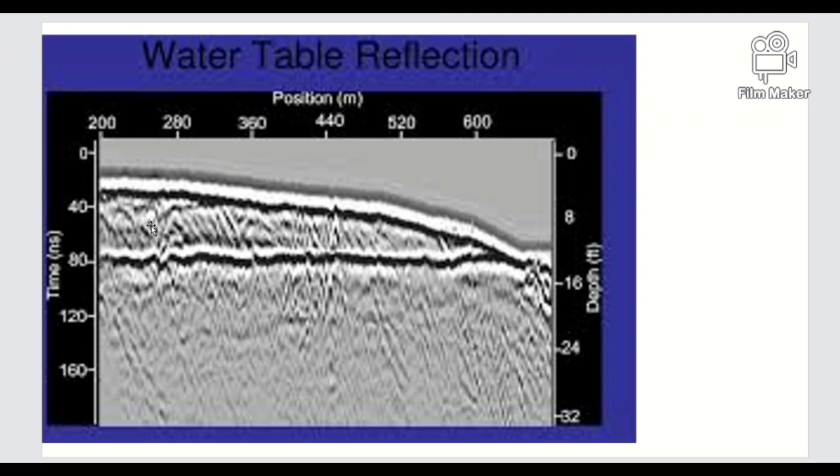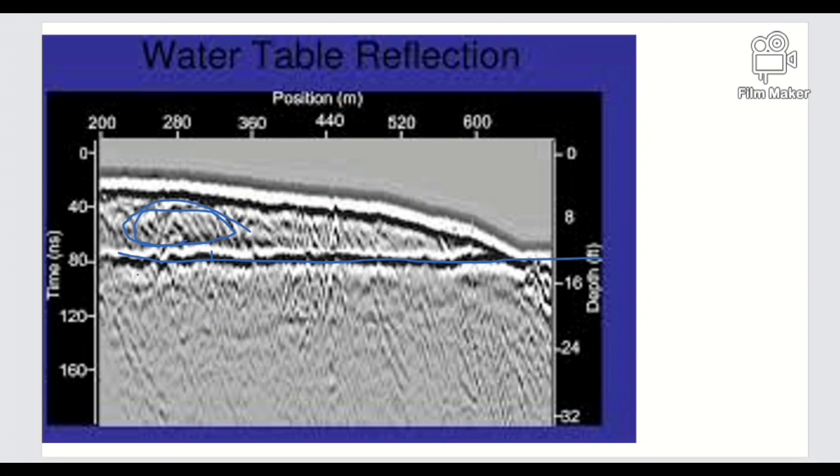Here, the upper portion, the white and black bands, indicates the dry material. Dry material has more contrast, and it has more in the water line. This is the breaking of the curve.